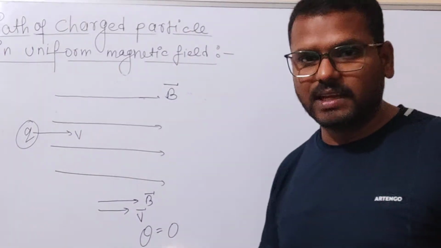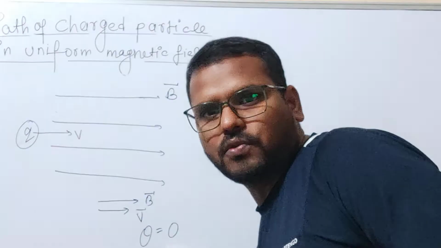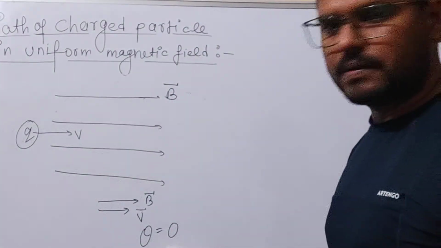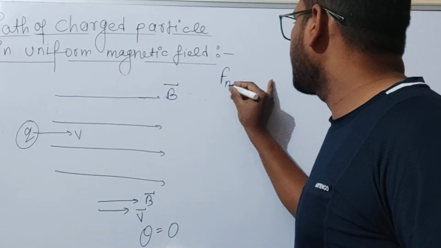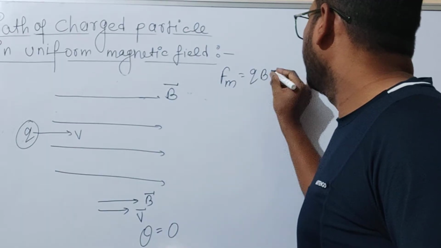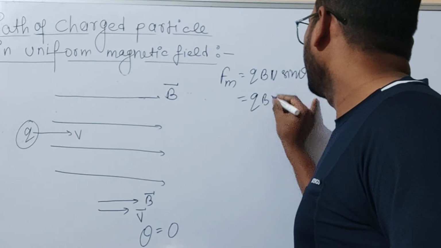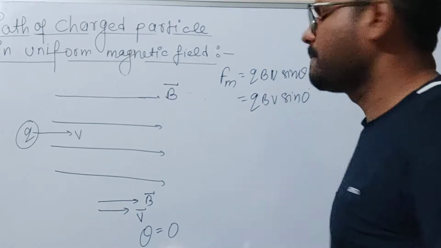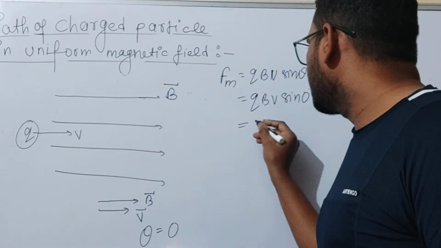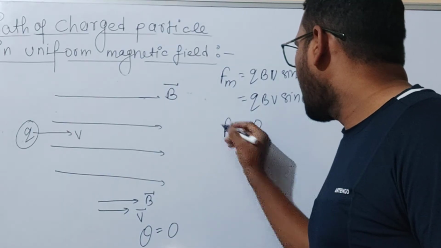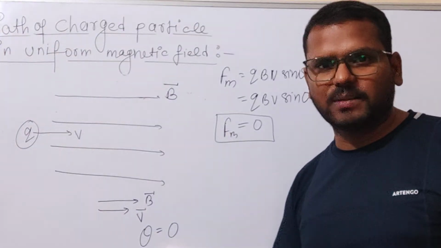If theta is 0, then the magnetic force is qvB sin theta, so qvB sin 0 degree. Sin 0 is 0. So Fm, the force on the charge in the magnetic field, is 0, which means no force is acting on the particle.